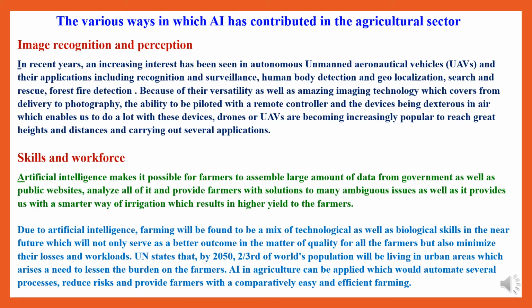Due to artificial intelligence, farmers will be a mix of technological as well as biological skills in the near future, which will not only serve as a better outcome in the matter of quality for all the farmers but also minimize their losses and workloads.